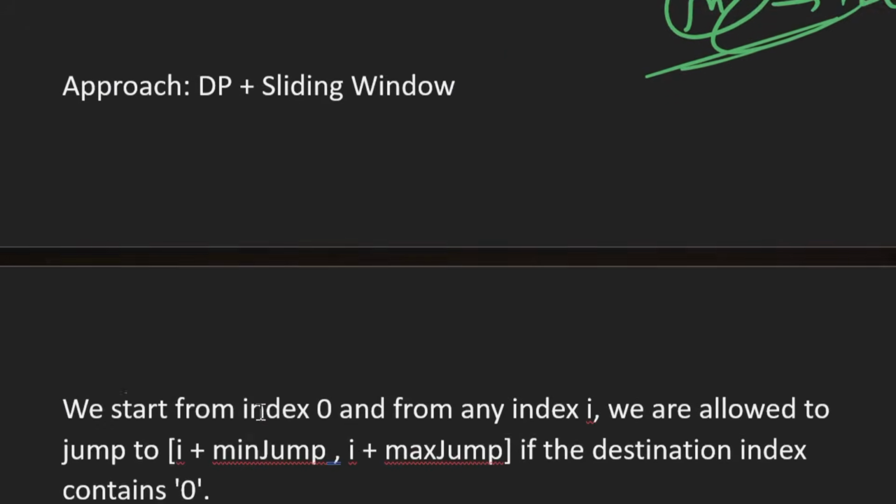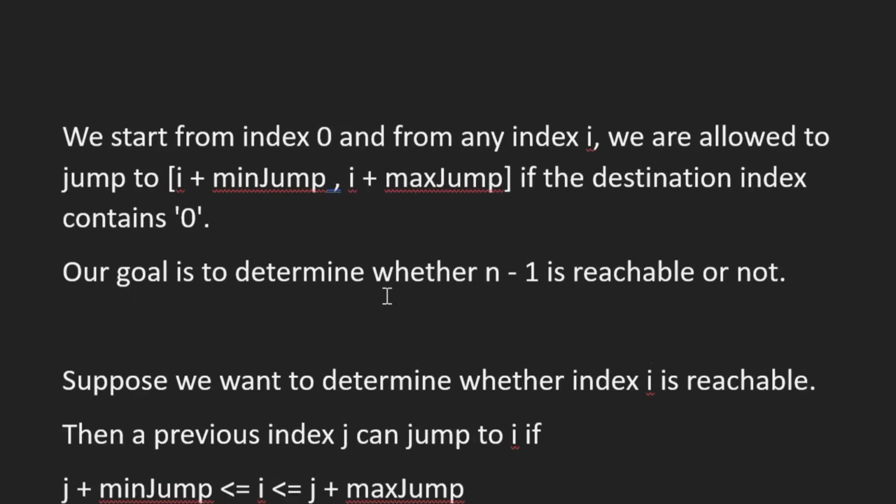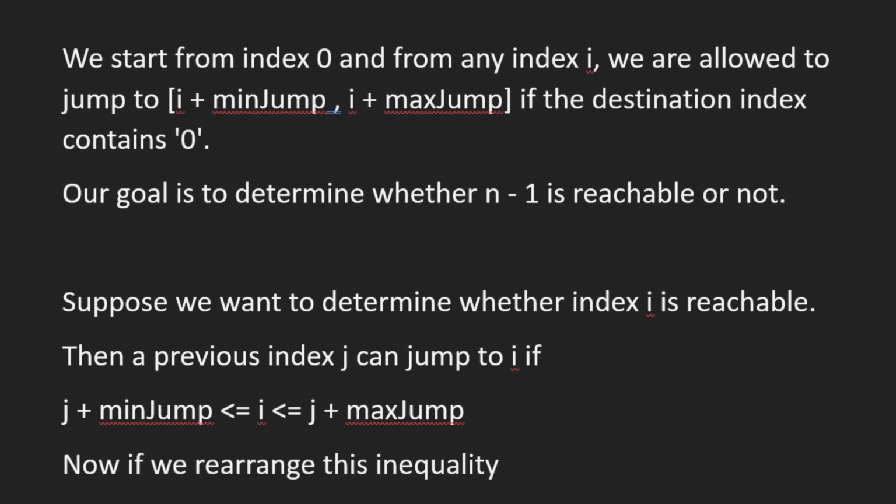So let's start with the approach. What we'll be doing is using DP with sliding window to solve this problem. We are initially at index number 0, and from any index i we can jump to index i plus minJump up to index i plus maxJump.